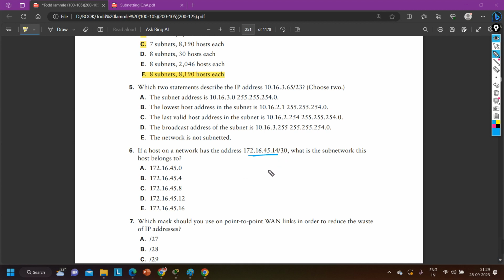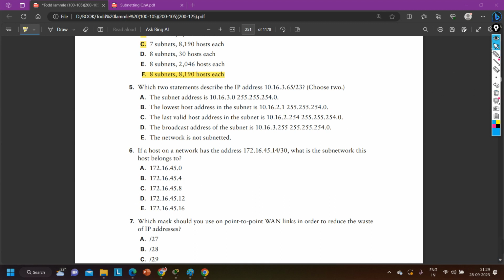Block size will be what? Tell me, guys. The subnet mask is 255.255.255.252. Block size is 4. Which option is correct? 12, D. Very good.